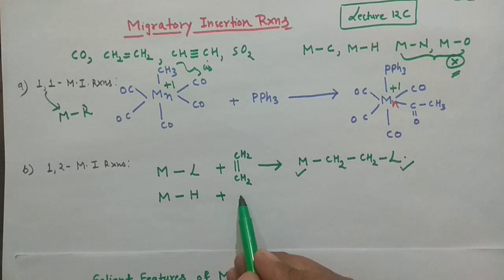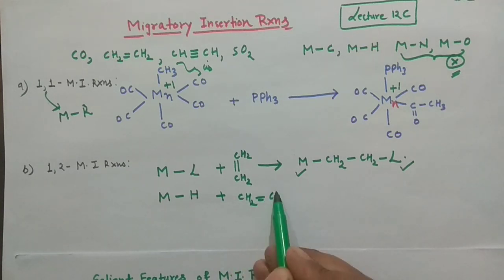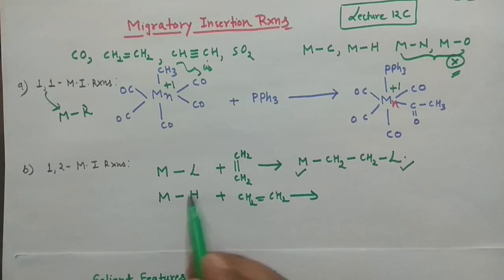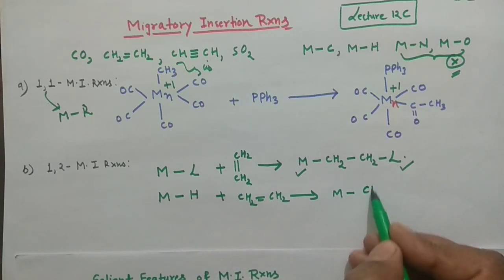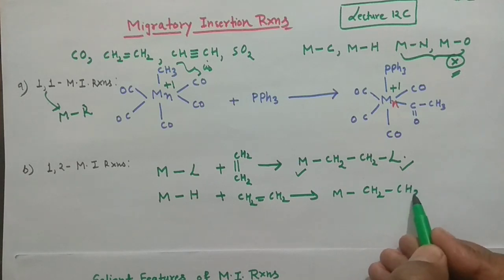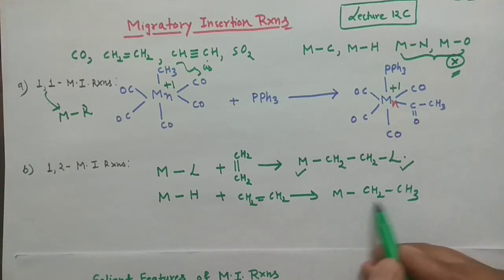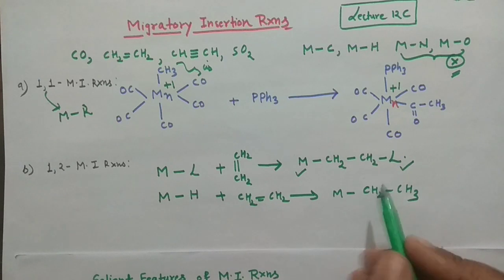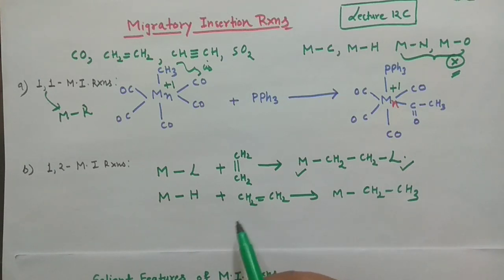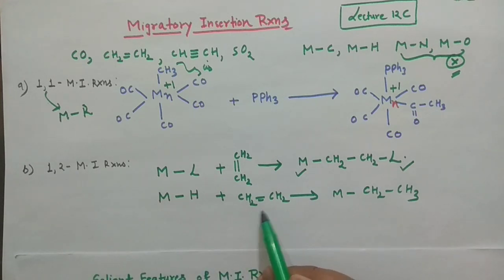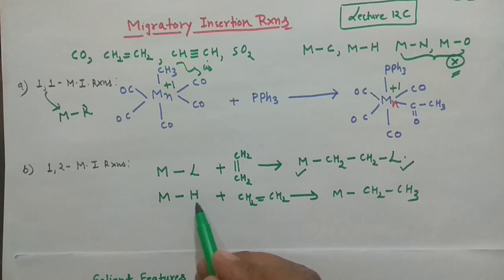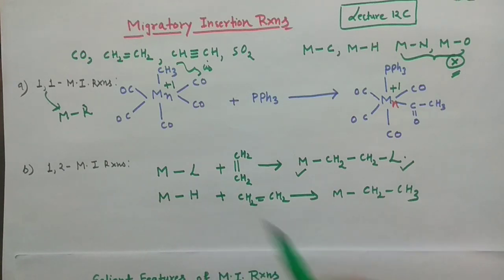If you do the same reaction with this one, CH2 double bond CH2, so this hydrogen will migrate from here and you will have metal, CH2 and CH3, this kind of compound you will get. So you can predict whenever the hydrogen is there, then the rate of this 1,2 insertion reaction would be very fast. However, this migratory insertion reaction can also take place when you have the M-R bond, but the rate in that case would be slow.